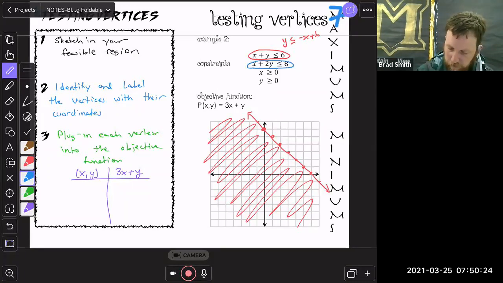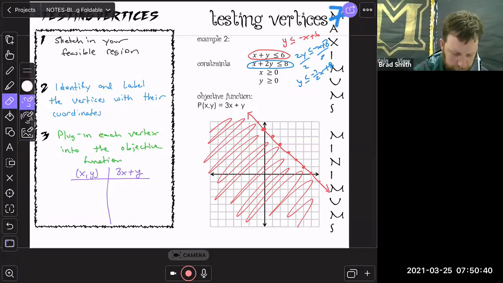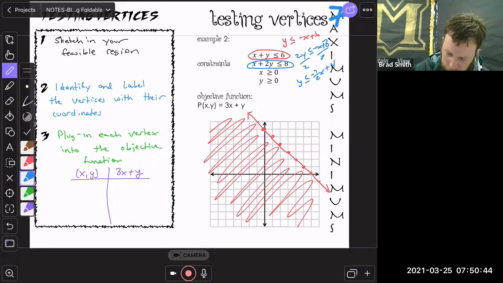x plus 2y is less than or equal to 8. So 2y is less than or equal to negative x plus 8. Divide everything by 2. So negative 1/2 x plus 8. But I got to divide 8 by 2, right? So it becomes a 4. 1, 2, 3, 4.